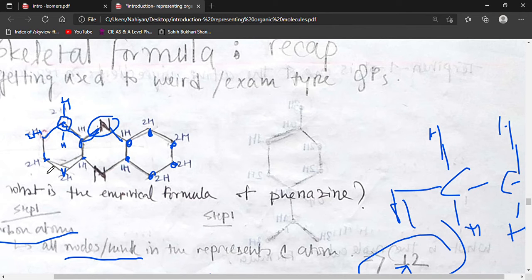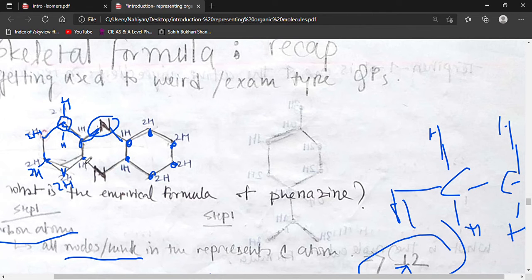This also has two bonds, so it can form two more bonds with hydrogen. So two hydrogens. Similarly, this also has two bonds going away, meaning it can have two more bonds with hydrogen.